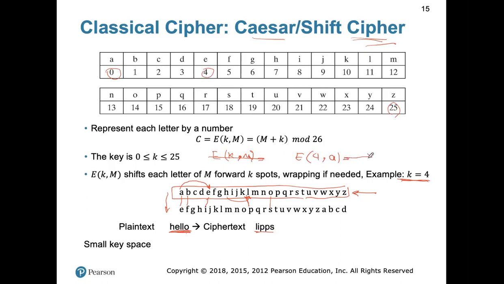So encryption of A with key 4 is going to be E. The way it works is based on this formula: encryption of character M with the key K is going to be the value of the M plus Kth element in this array.